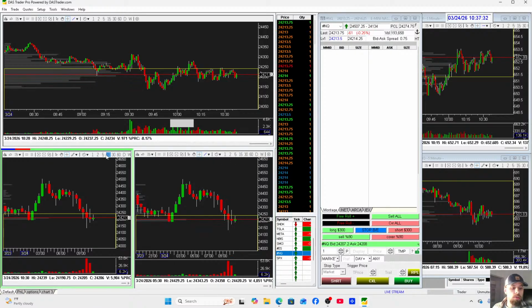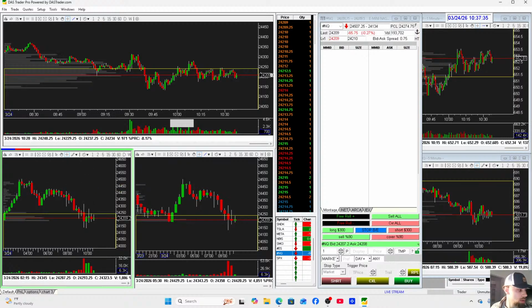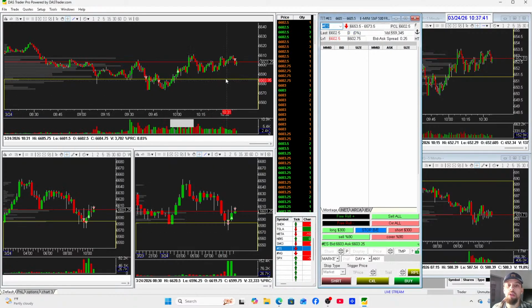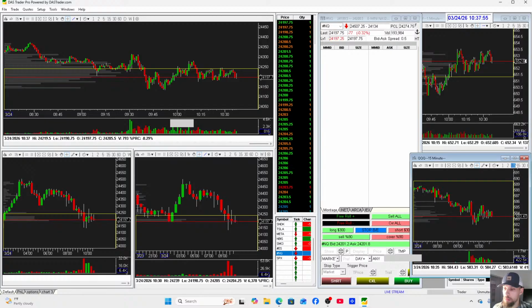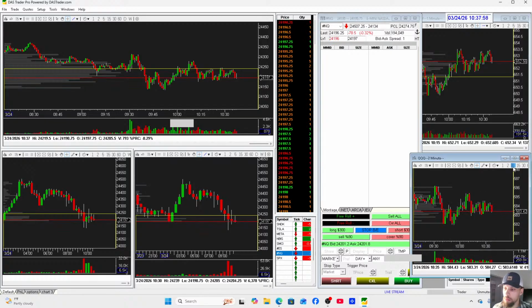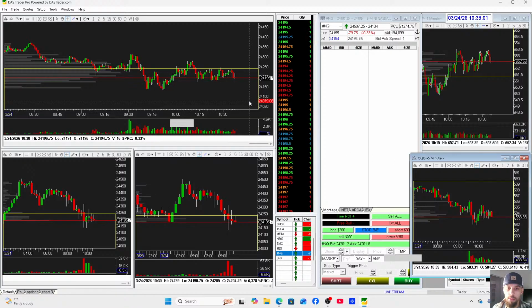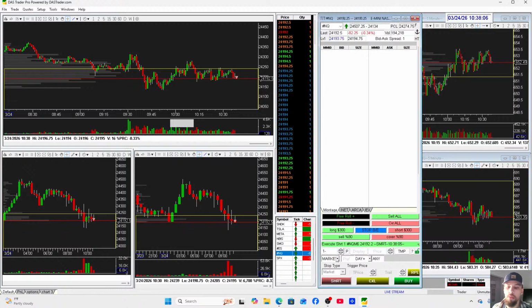Like, no pressure to the upside. Just wedging here. ES paper trade. It's a live trade, NQ shorts, one contract to the downside.